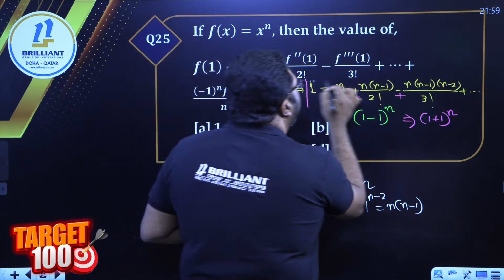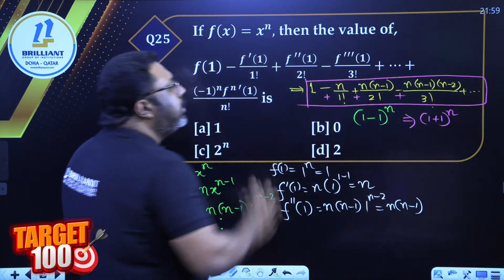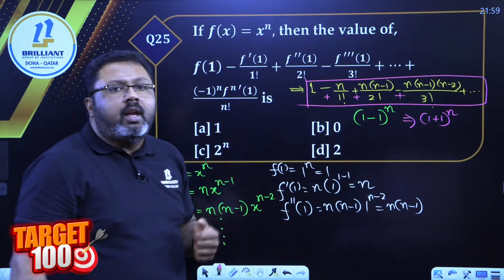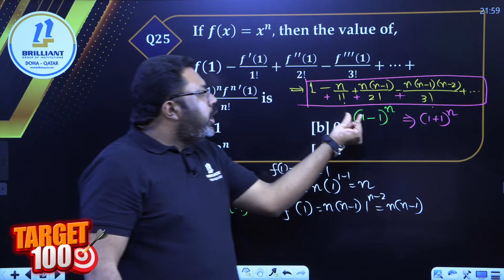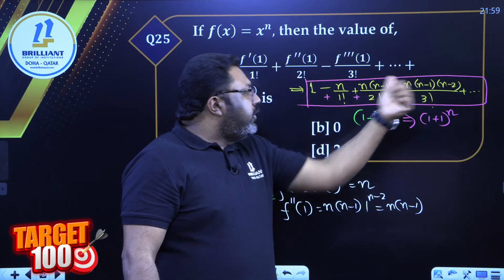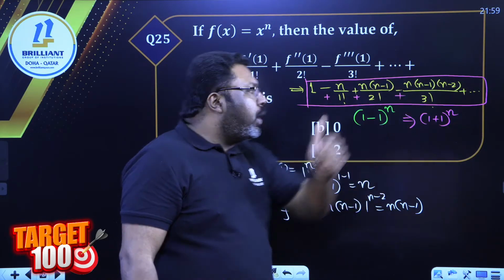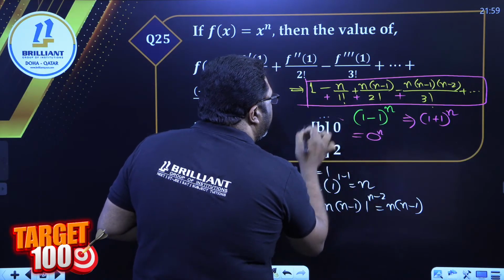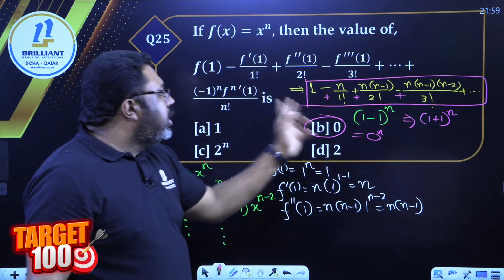Learn the form, my dear students. If you have alternate plus and minus signs for such an expansion, you are going to get 1 minus 1 raised to n. And if you have all positive signs, it's going to be 1 plus 1 raised to n. 1 minus 1 raised to n, no doubt, 0 raised to n. This series is always going to be 0.